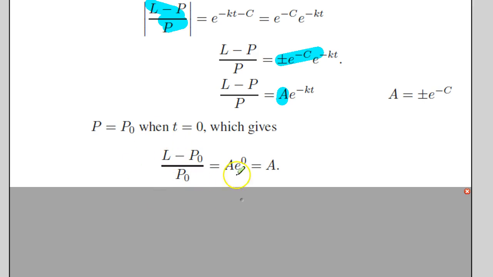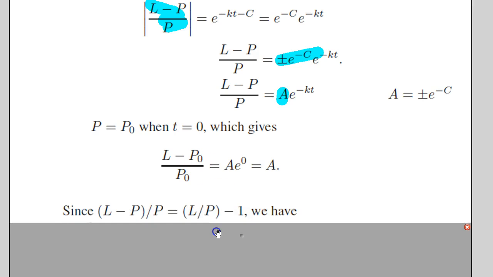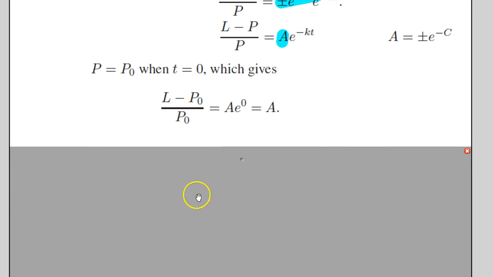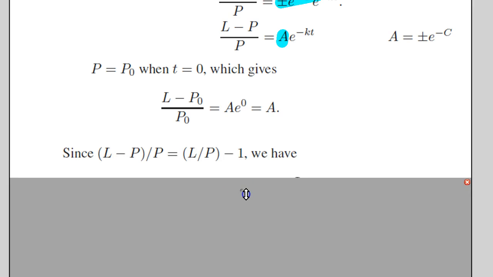And so we end up with this expression when we substitute p naught for p. And so A can be found if we know the initial population and our limiting value. Basically A is the ratio of the difference between the limiting value and the initial value by the initial value. So you should memorize that. Write it down somewhere, put a box around it, because that's going to be important.